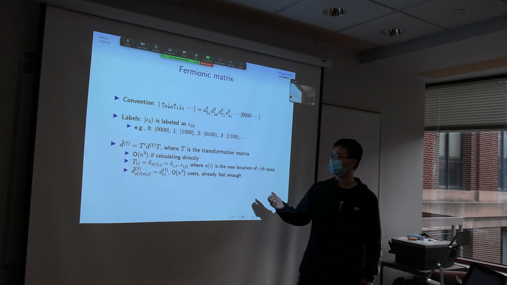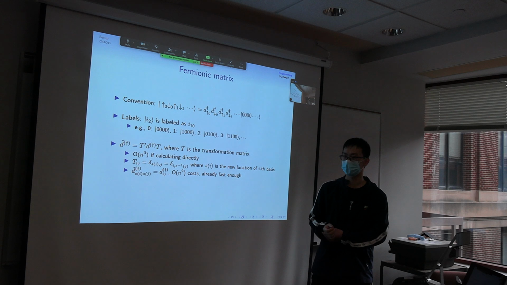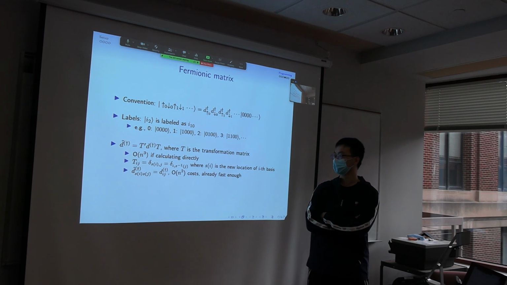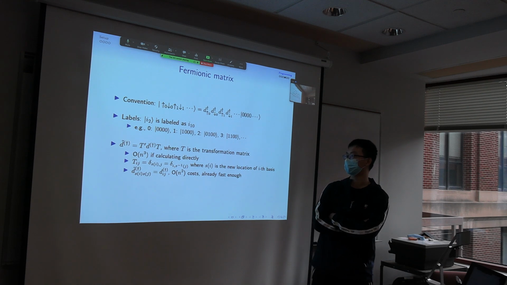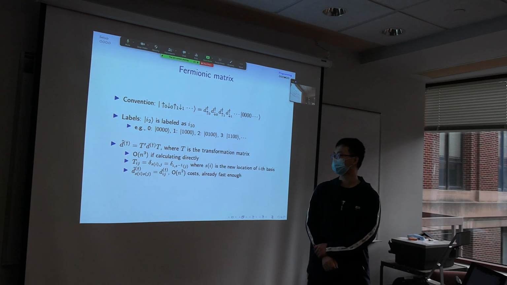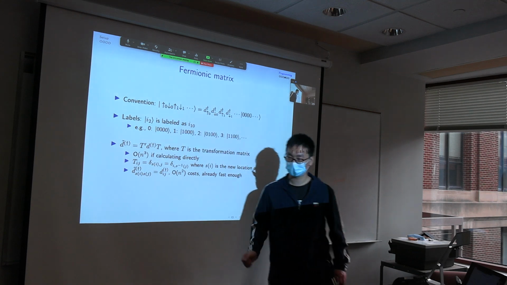And I noticed that this matrix is a sparse matrix, and all the non-zero elements are equal to 1. So it can be simplified, it can be accelerated to calculate this transformation in the new basis.